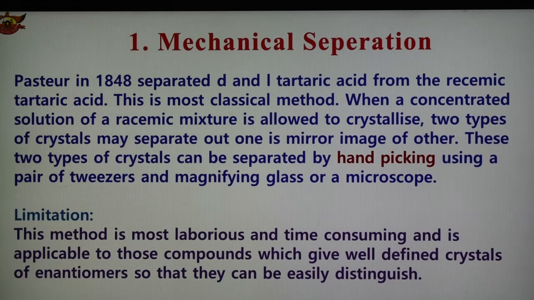The racemic form contains equal parts of the enantiomers, and Pasteur separated dextro and levo tartaric acid from racemic tartaric acid. By this mechanical method, using hand picking, we can separate these two crystals or two isomers.